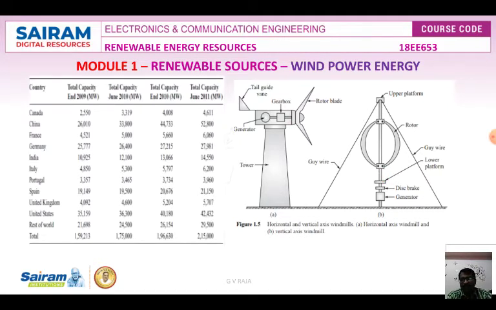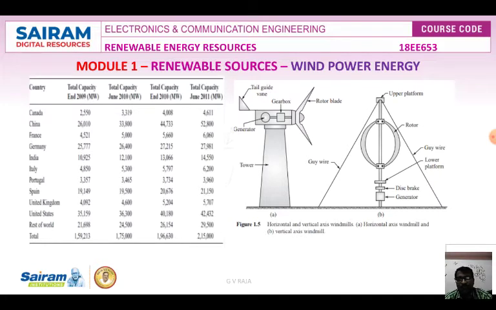In June 2011, Canada generated nearly 4,611 megawatts from wind power stations. China generated 52,800 megawatts, India 14,550 megawatts, Spain 21,190 megawatts, and the United States 42,432 megawatts.